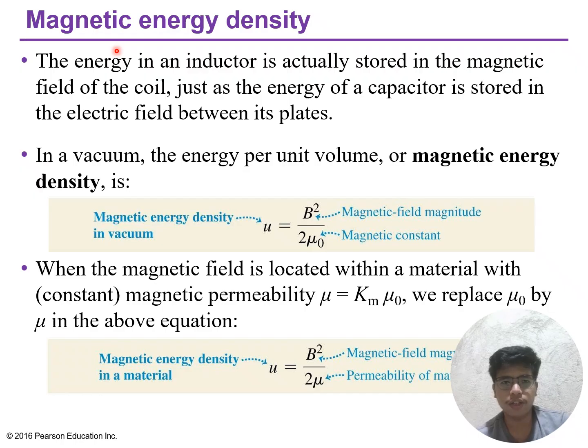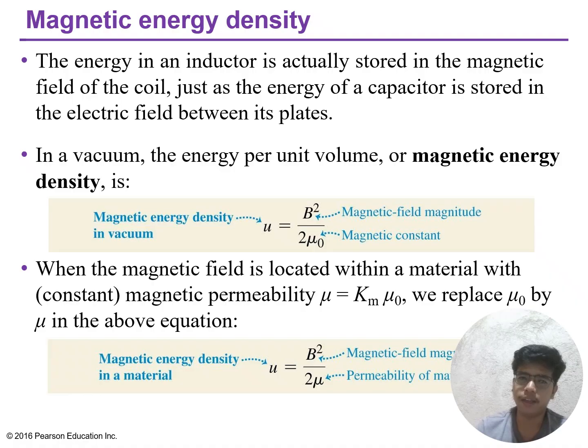The total energy in an inductor is U equals the integral of u sub m dV, which equals the integral of B squared over 2 mu naught dV, or approximately in this formula. So stronger fields and larger volumes store more energy.